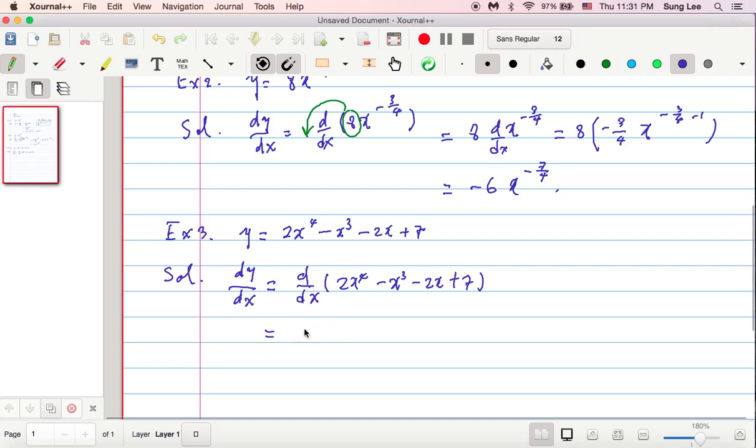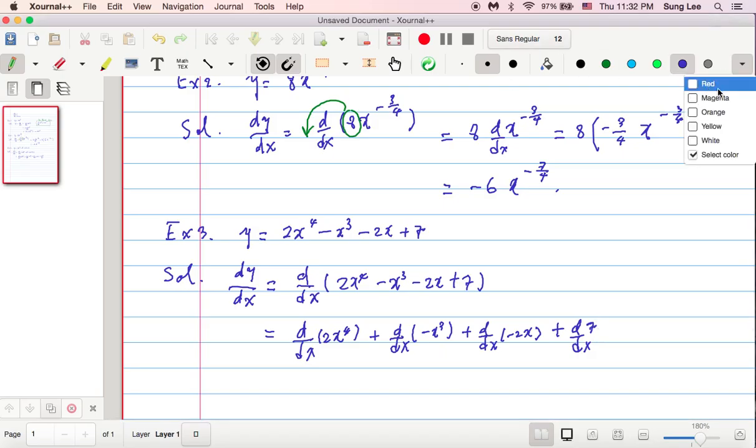So we can separate them as d by dx of 2x to the power 4 plus d by dx of negative x cubed plus d by dx of negative 2x plus d by dx of 7.